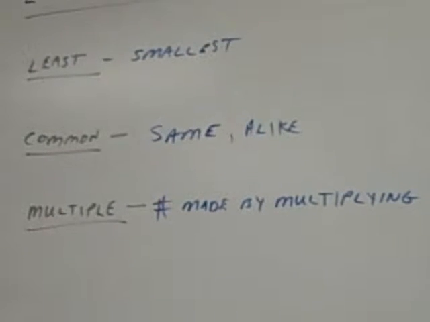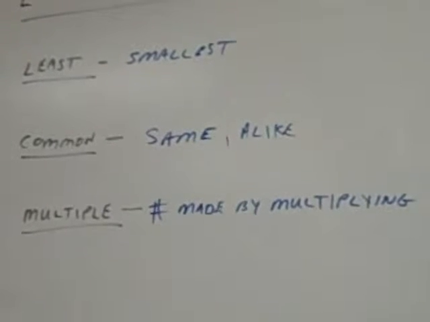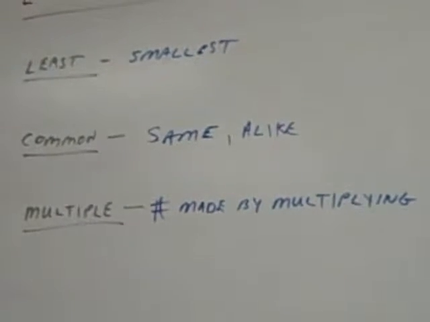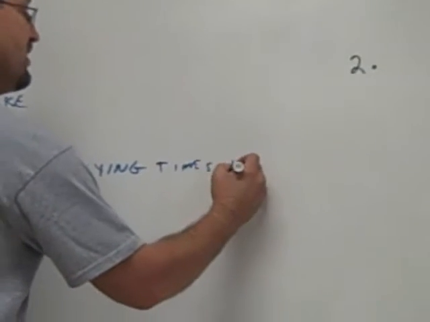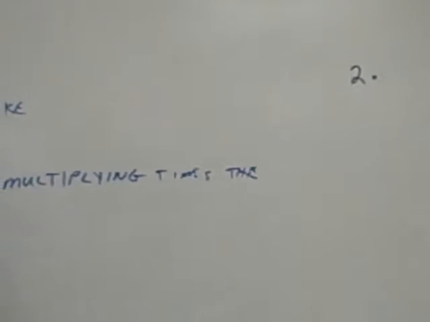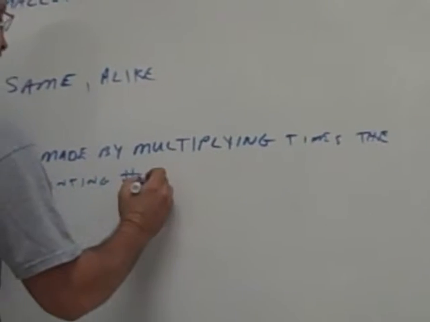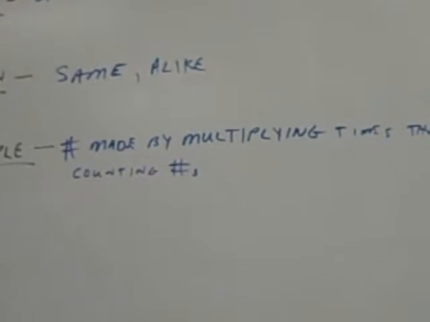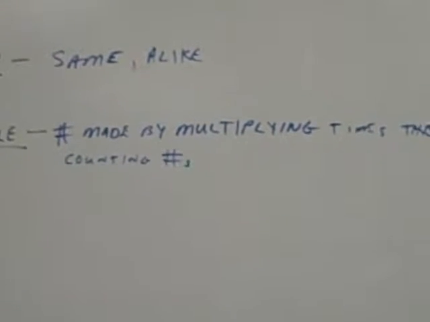A number made by multiplying. We could go further. Times the counting numbers. That's specifically what we're multiplying. A number times the counting numbers.